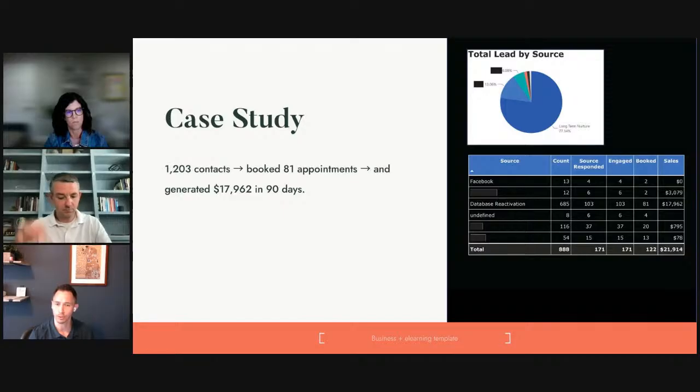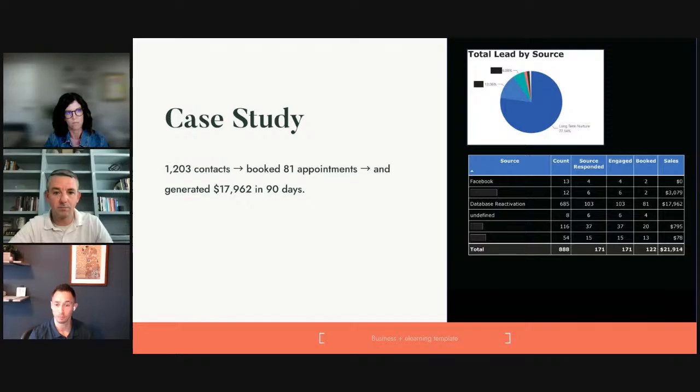There are some things we need to do on the front end of the marketing side and support when you're marketing. But I only bring that up because I want to say how that's different than database reactivation. With database reactivation, those numbers don't quite mean the same thing. Count in this case is people who responded in some sort of positive way. And then responded and engaged, the columns just next to it, they're really the same thing.